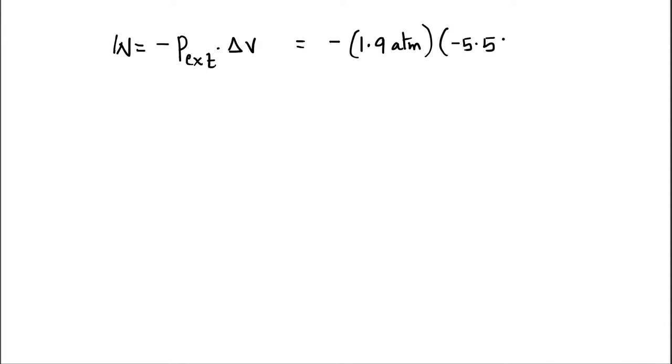Negative 5.50 liters. And if we do this, we get 10.45 liter atmospheres. And what is the sign here? Negative times negative is positive. So here compression is positive work, but it is in liter atmospheres.